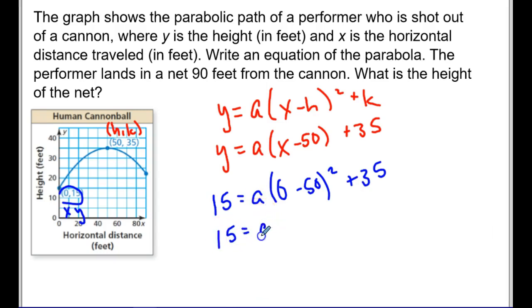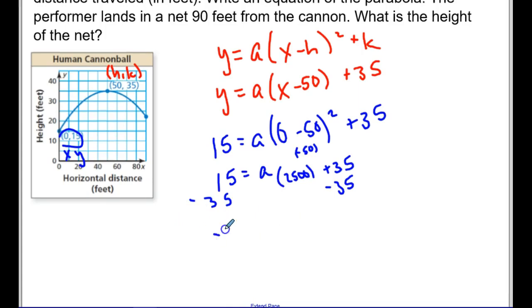So I have 15 equals a times, 0 minus 50 is a negative 50, and a negative 50 squared becomes a positive 2,500, plus 35. Well, the first thing I have to do is subtract that 35 from both sides, and then I can continue to solve. So when I subtract that 35, I end up with negative 20 equals 2,500a.